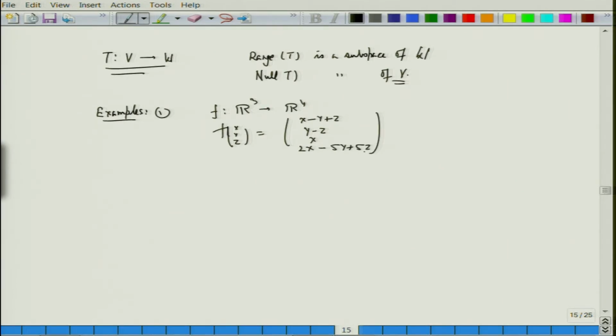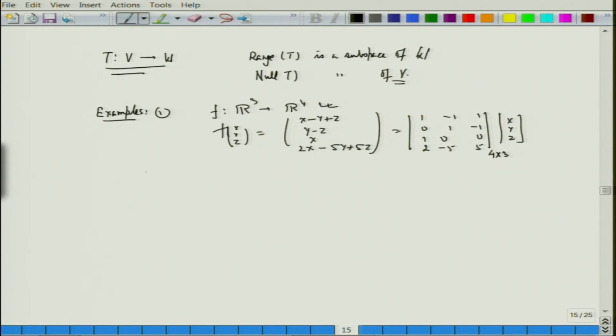This is the same thing as looking at this matrix, 1 minus 1 1, 0 1 minus 1, 1 0 0, 2 minus 5 5, times x y z. So, I have got a matrix which is 4 cross 3, and therefore I am able to go from R3 to R4. Is that okay?